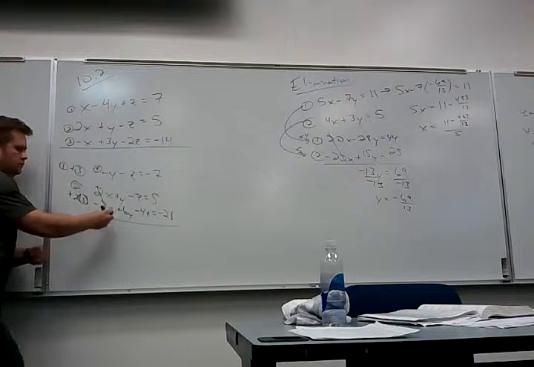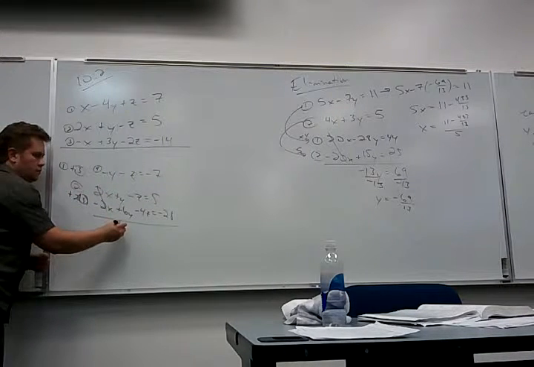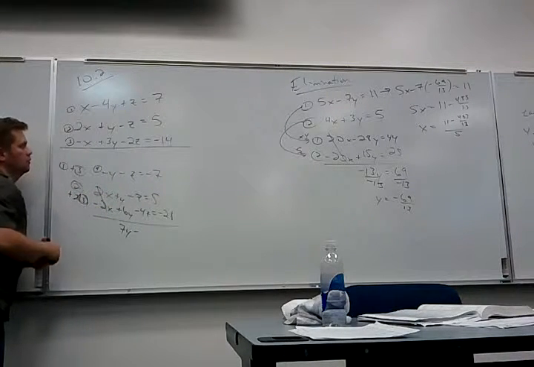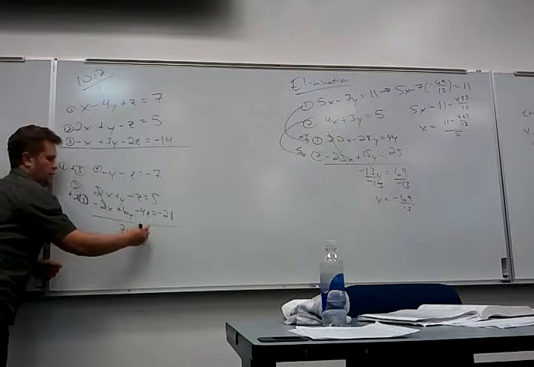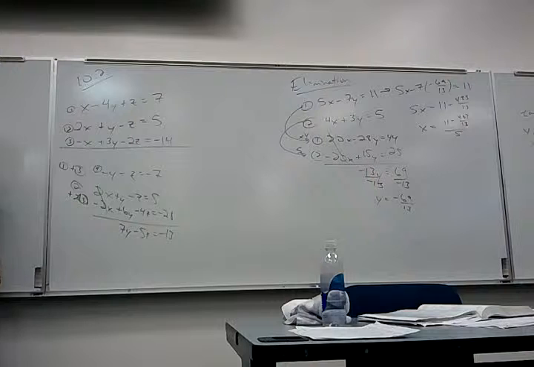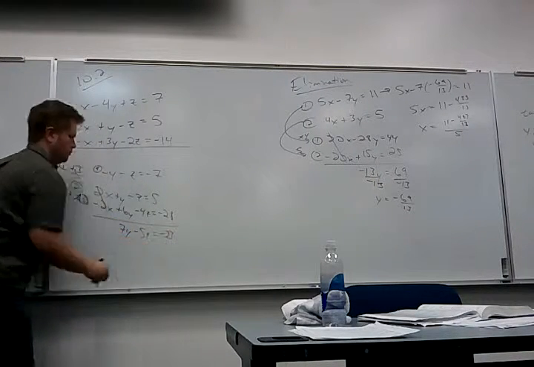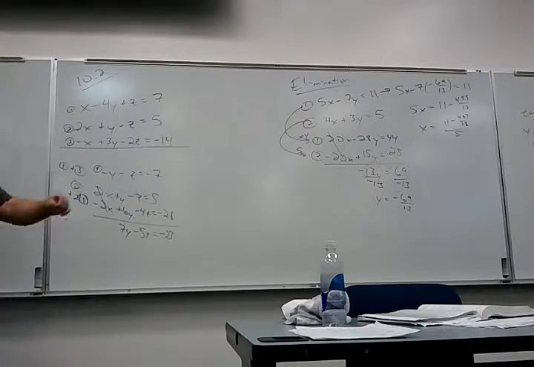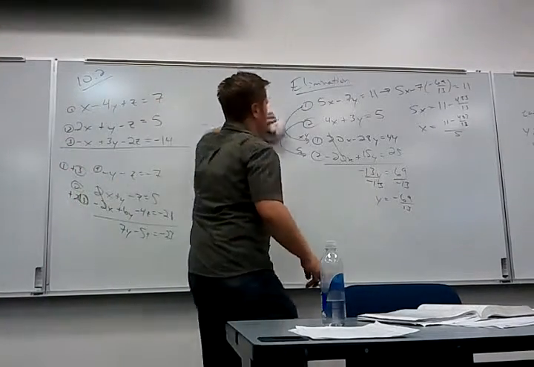What do I get here? Minus 5z equals negative 13. Cool. 23. Thank you. Of course I make that mistake.